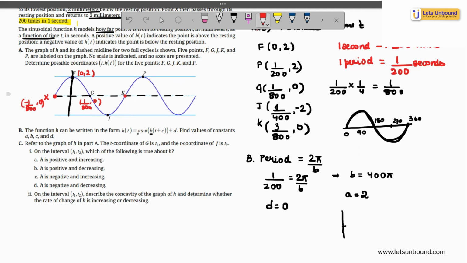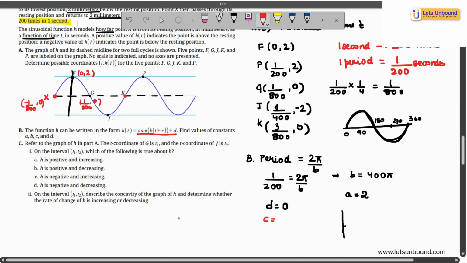Don't assume it to be a cos function because it's been given as a sine function. I will have to model it as a sine function. I can assume that the graph has shifted 1/800 towards the left. And because of that reason, since C indicates horizontal translation, I can say C is nothing but 1/800.